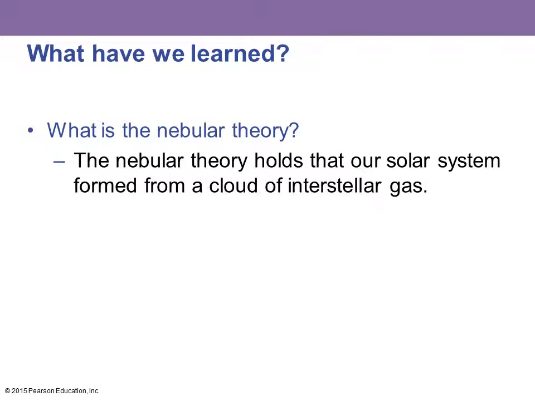It forms a flattened disk. And of course, as these particles get even closer together, temperature rises. And ultimately, at the center of all of this, we get nuclear fusion. And that would be the sun. Nuclear fusion is what the sun is powered by now. So there's a pretty good description of it there.